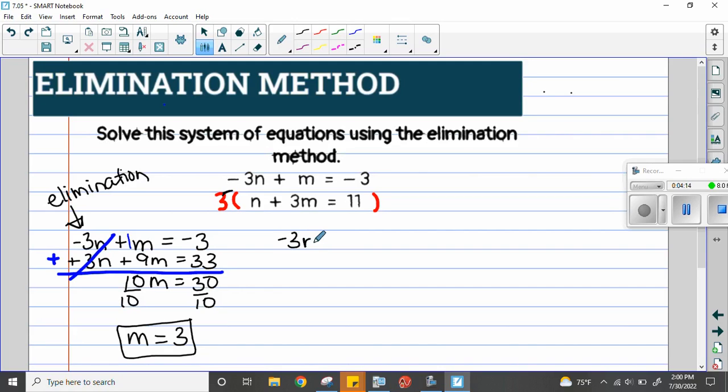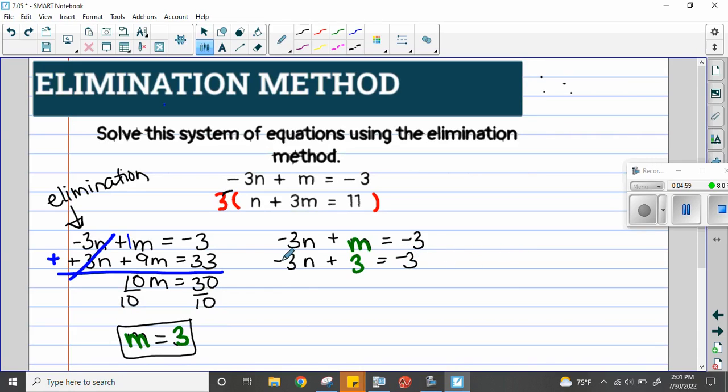Negative 3n plus m equals negative 3. And all we're going to do is substitute in the value of m that we just solved for. So we have negative 3n plus the value of m we just solved for, which was 3, equals negative 3.